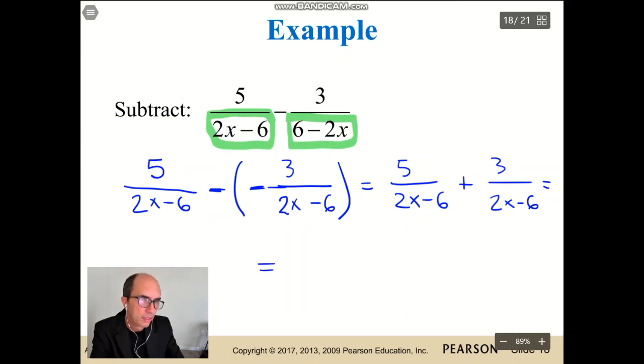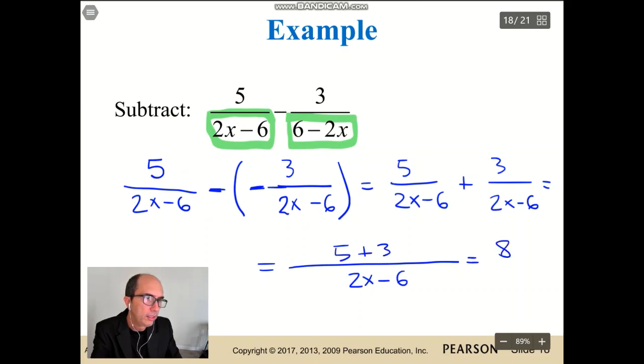It turned out to be two rational expressions with the same denominator. And 5 plus 3, 8 over 2x minus 6. Can we simplify a little bit more, even further?